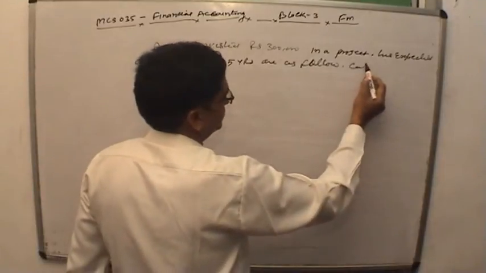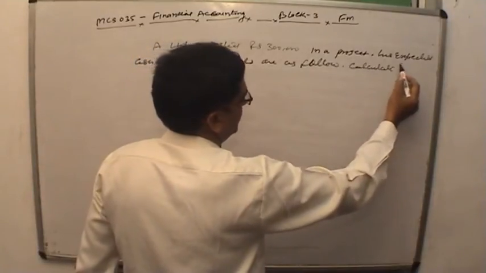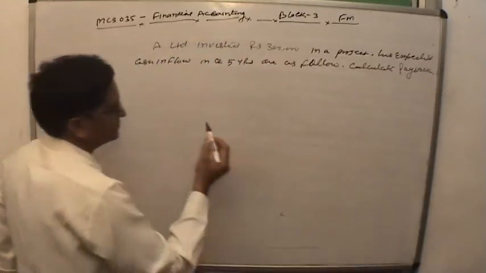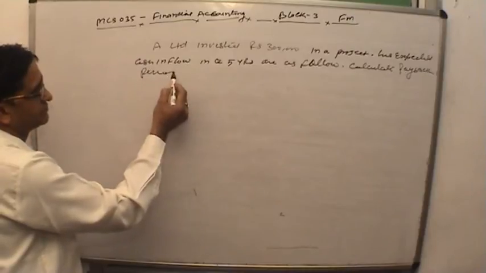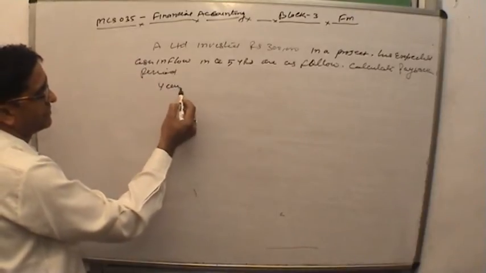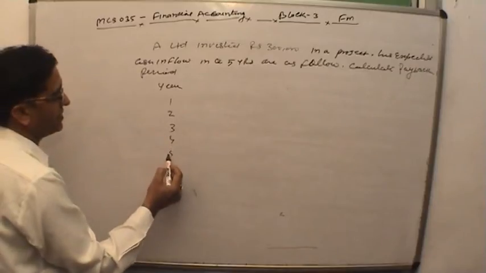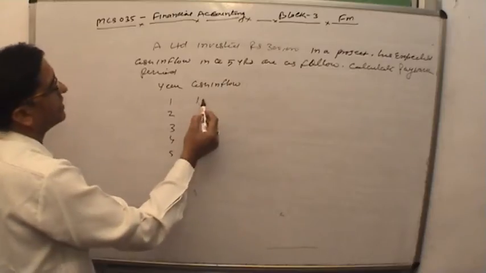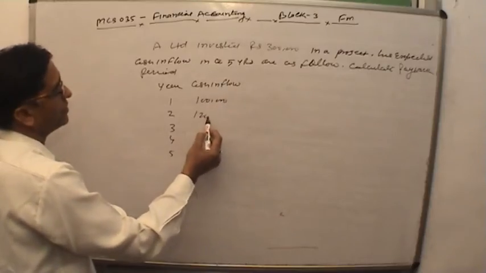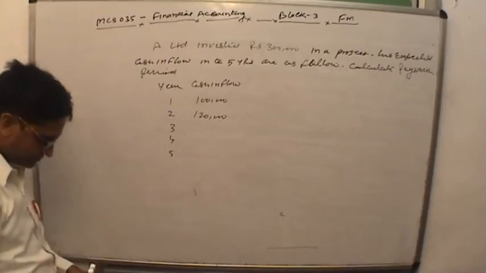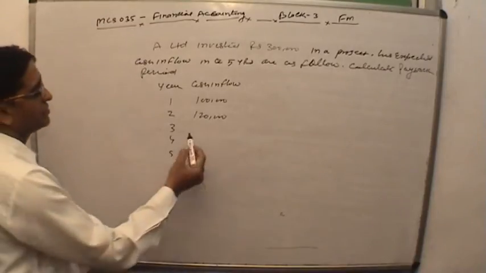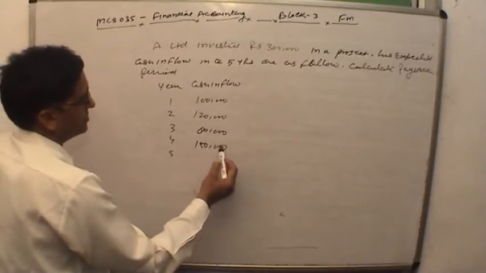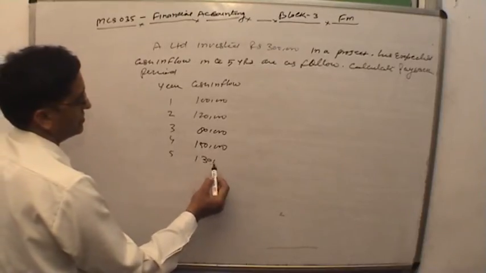Calculate the payback period. Here, years 1, 2, 3, 4, 5, cash inflows: 1 lakh, 1,20,000, 80,000, 1,50,000 and 1,30,000.